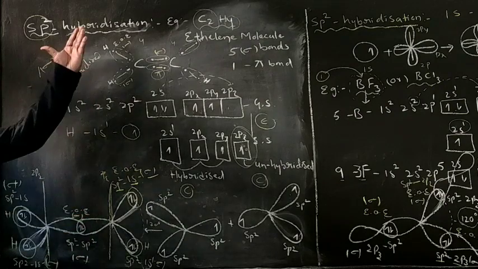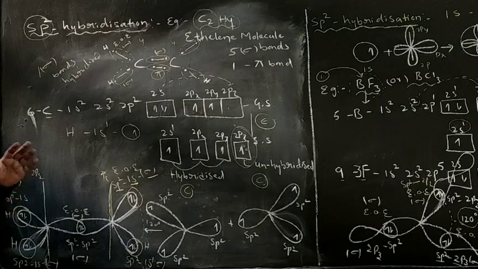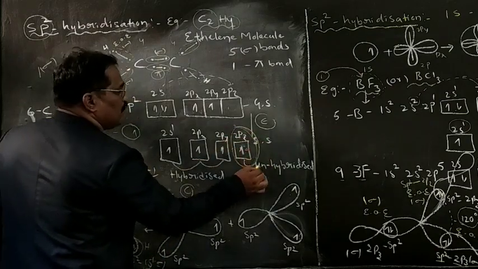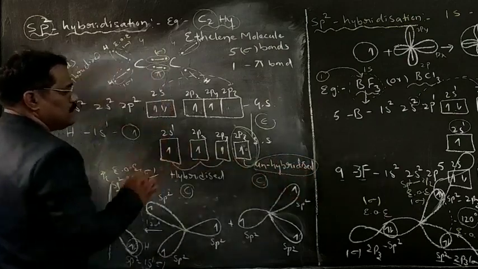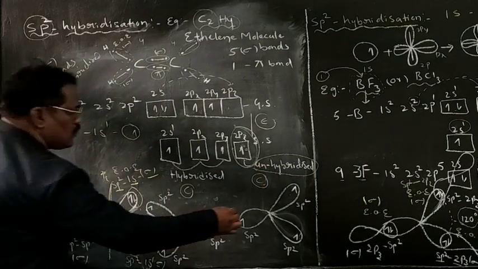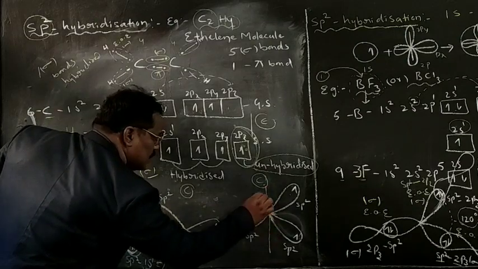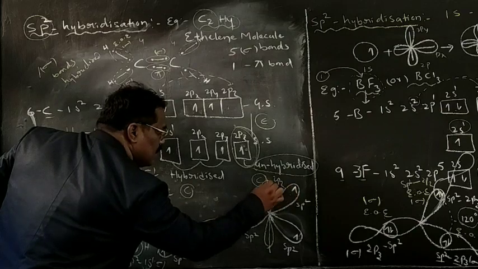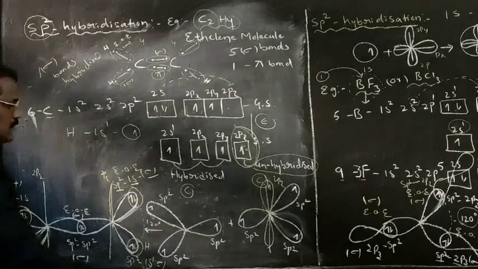This is sp2 hybridization. But in the carbon atom, one 2pz orbital is unhybridized. For each carbon atom it exists. Let me draw here: one unhybridized 2pz orbital in which an unpaired electron exists.